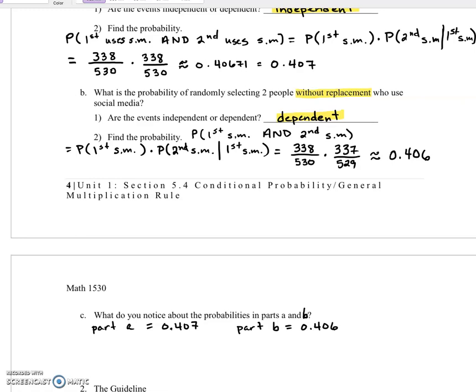So what does that say? That says if the number of people we're picking is very small compared to the total number of people we have, the difference between calculating the probabilities as if they were independent and calculating them as if they were dependent is very small. In this case, it's 0.001.